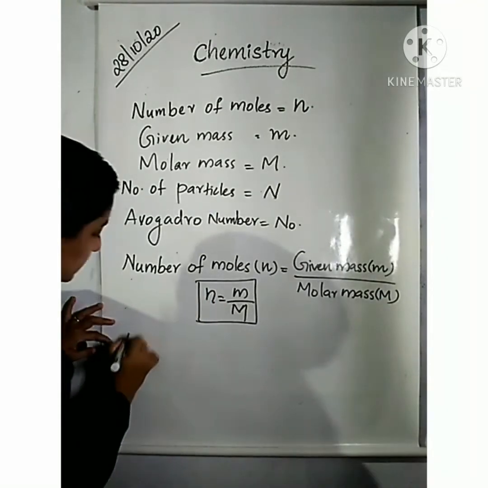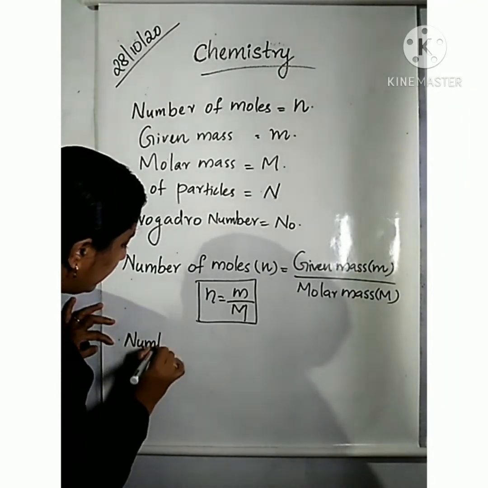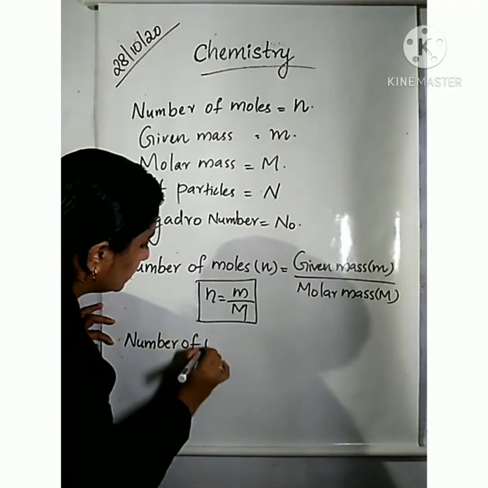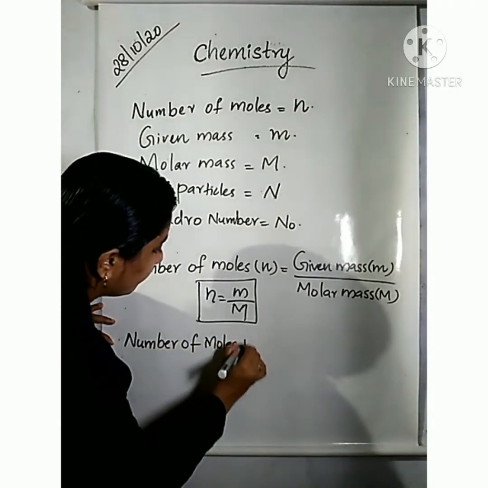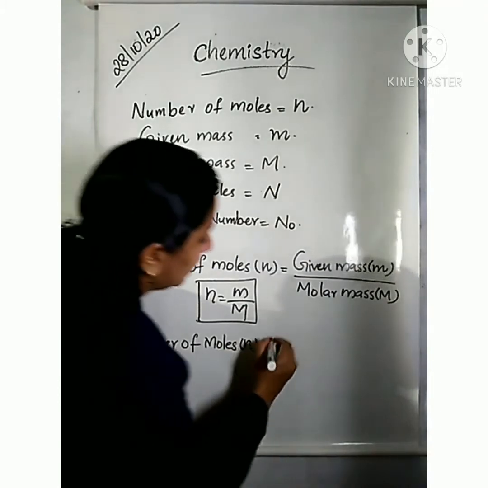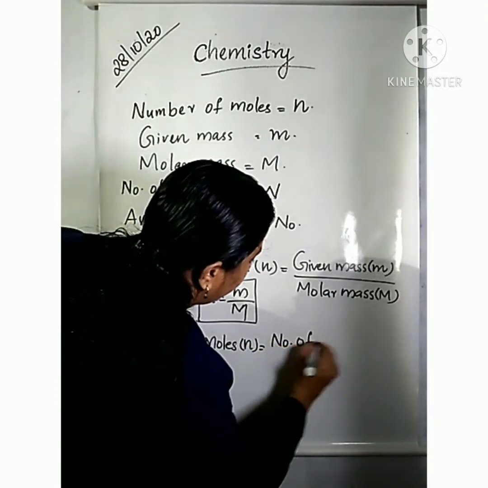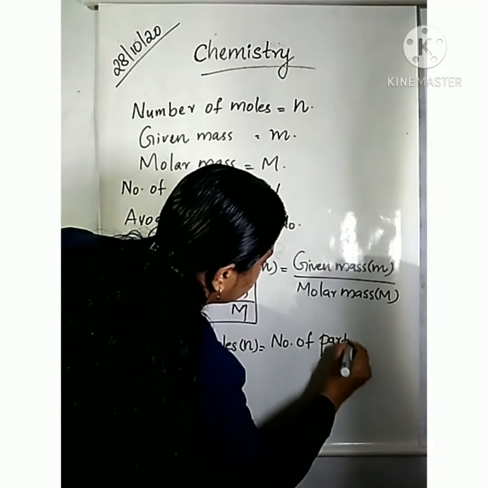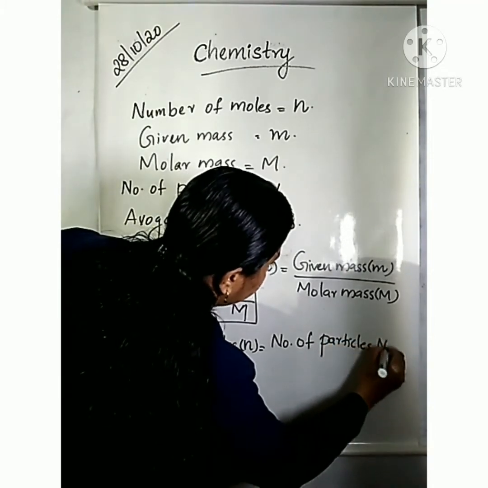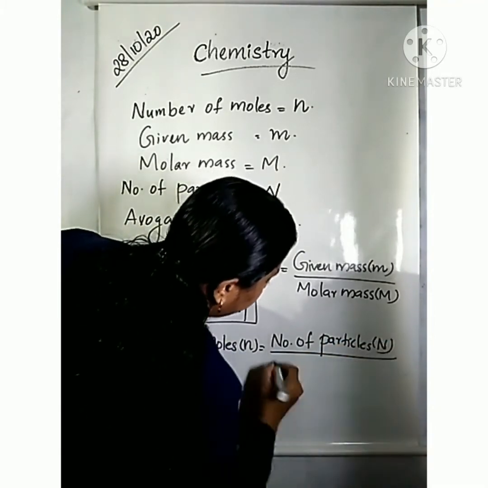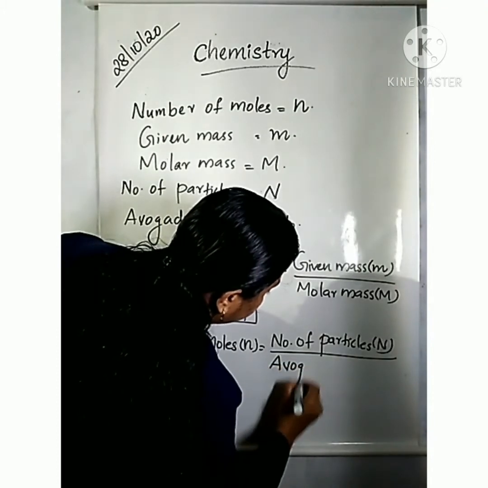Then another equation. Number of moles n equal to number of particles, that is capital letter N, divided by Avogadro number.